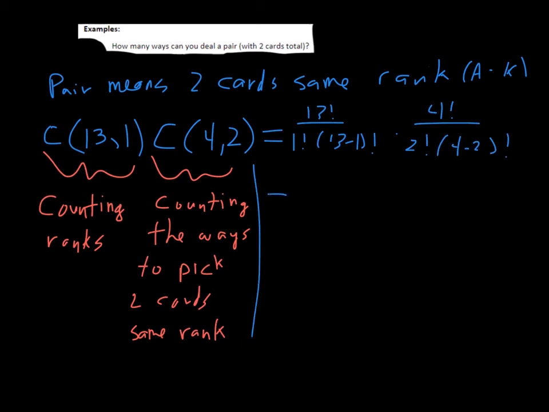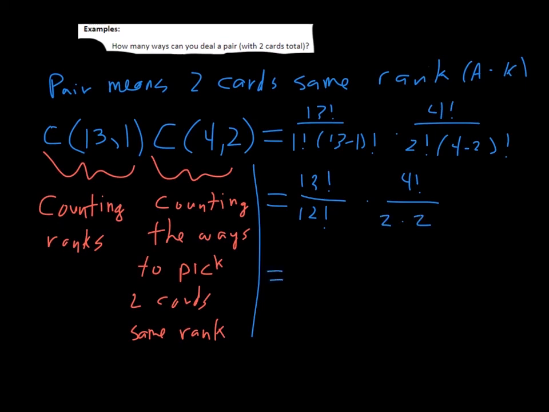And this works out to be 13 factorial. 1 factorial is just 1, so 13 minus 1 factorial is 12 factorial, multiplied by 4 factorial. 2 factorial is 2 times 1, which is just 2, and then 4 minus 2 factorial would just be 2.